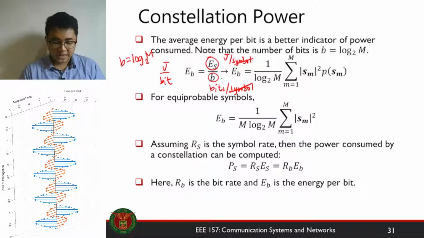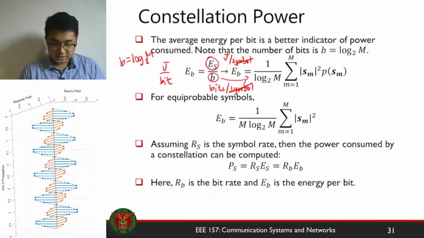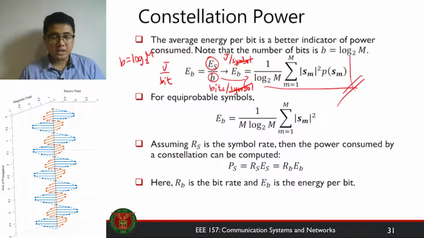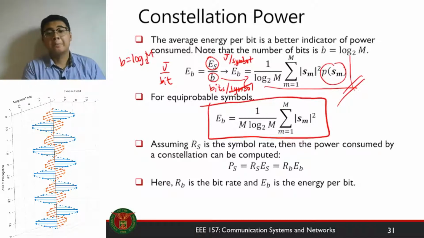So substitute that here, and E sub S, the average symbol energy, can be taken from here, and we have this equation right here. If the symbols are equiprobable, then P of Sm will just be a constant 1 over m, and you get this formula for the energy per bit.